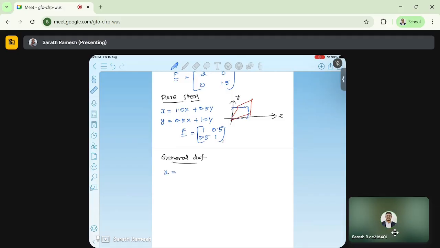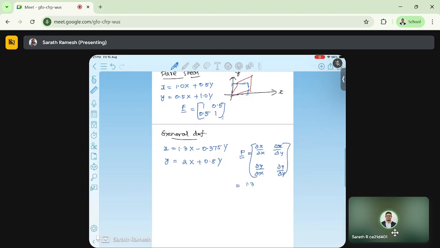Say x is equal to 1.3 X minus 0.375 Y. Some example I'm giving. y equal to 2 X plus 0.8 Y. Okay, now if I want to find the F matrix for this, again, dou x by dou capital X, dou x by dou capital Y, dou y by dou capital X, dou y by dou capital Y. So here this will become 1.3, minus 0.375, 2, 0.8. Okay, this is my F.